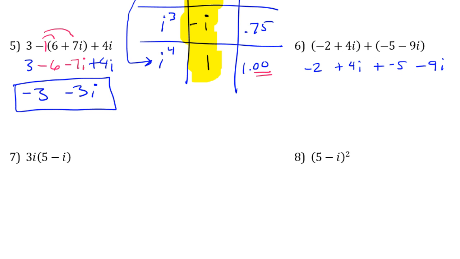So all we are doing is combining like terms. So the -2 and the -5 go together, and that's -7. The 4i and the -9i go together, and that's -5i. And that's it. That's the answer, number 6.